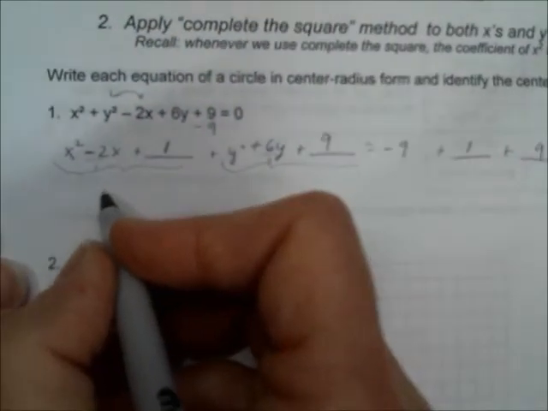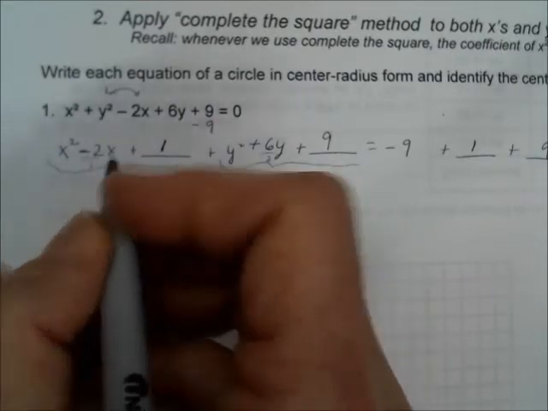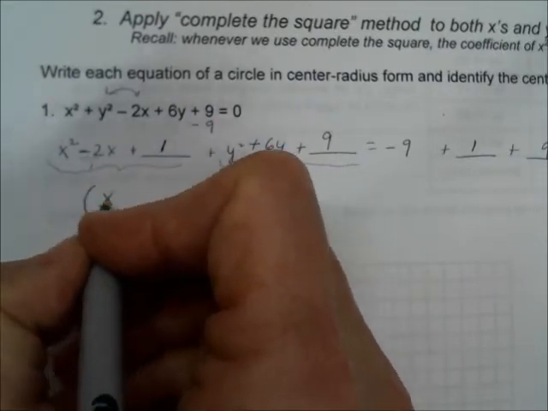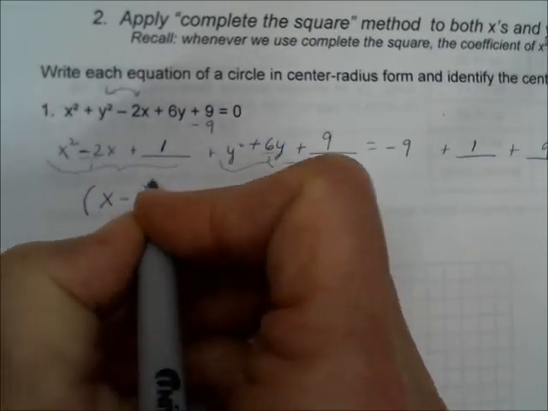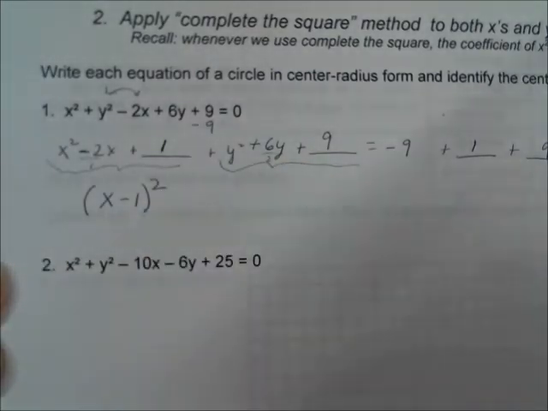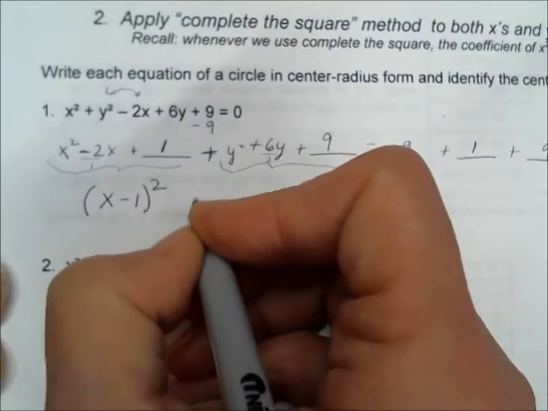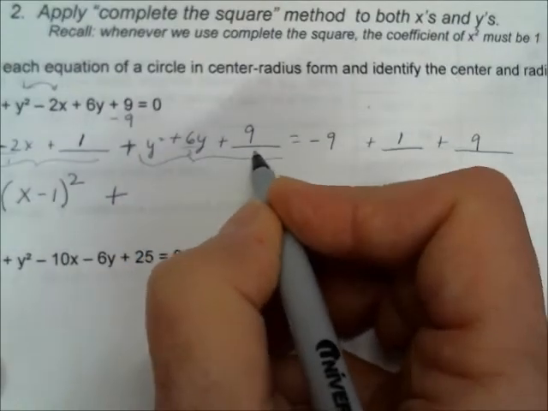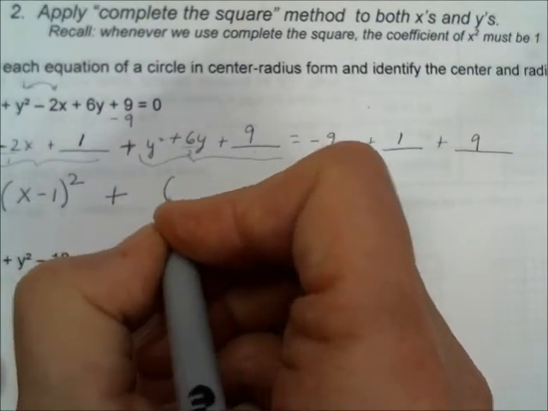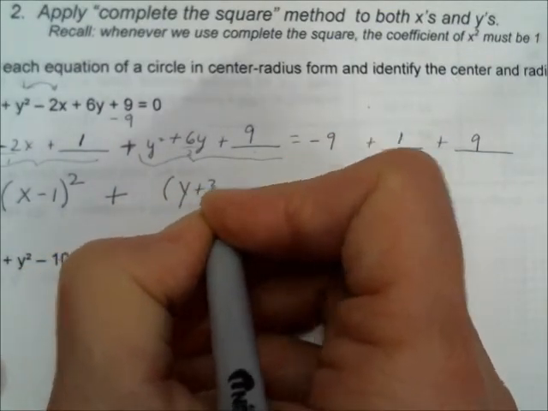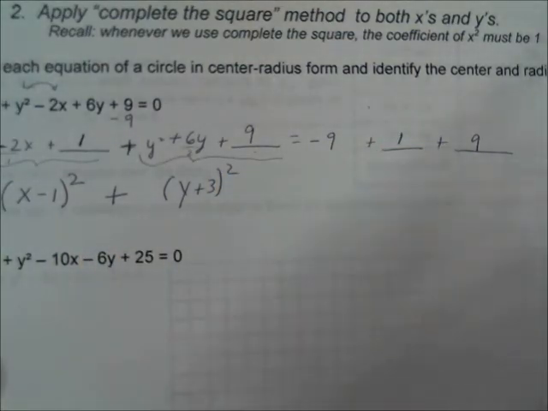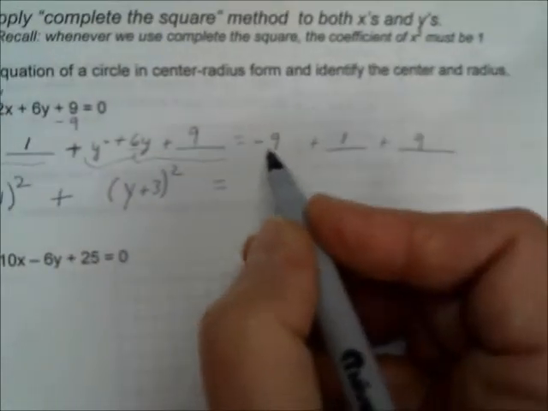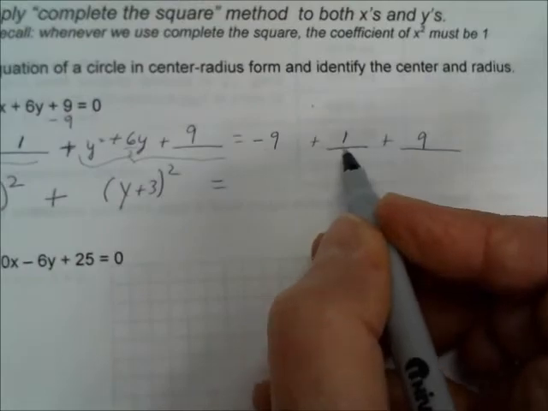And then we're going to do the complete the square. x squared minus 2x plus 1, if you wanted to factor this out, it goes (x minus 1) times itself. And then we drop this plus sign down, and now you have to factor this. Complete the square says it's (y plus 3) squared equals negative 9 plus 1 plus 9.